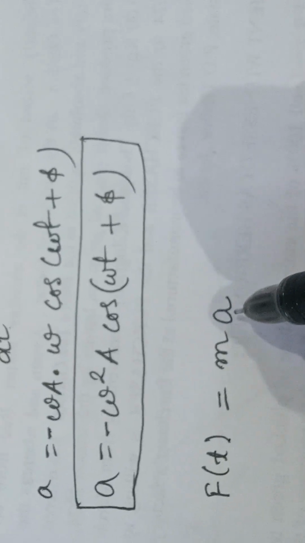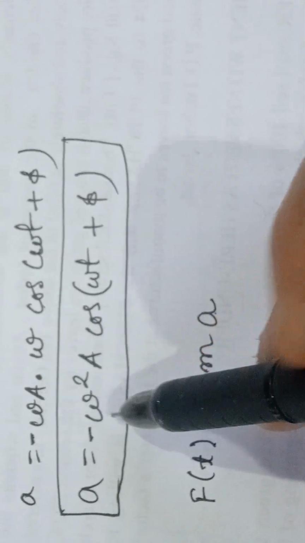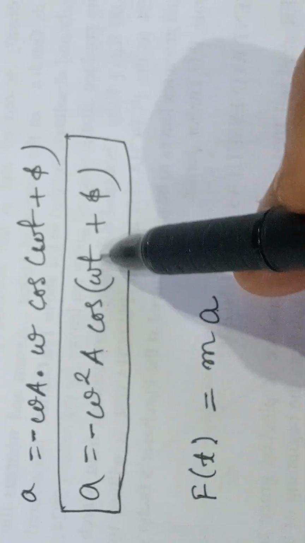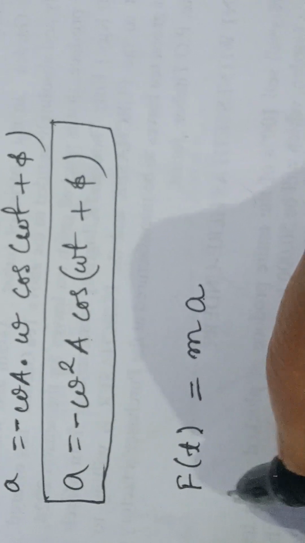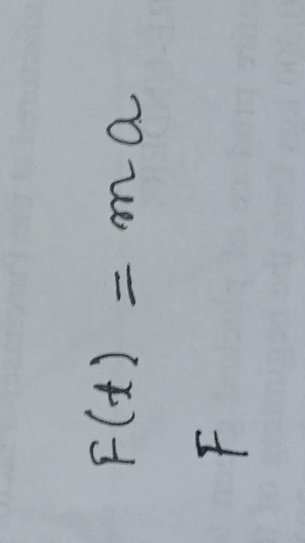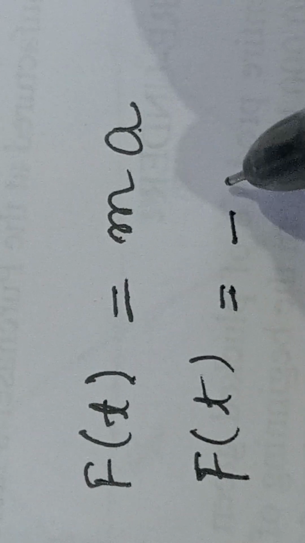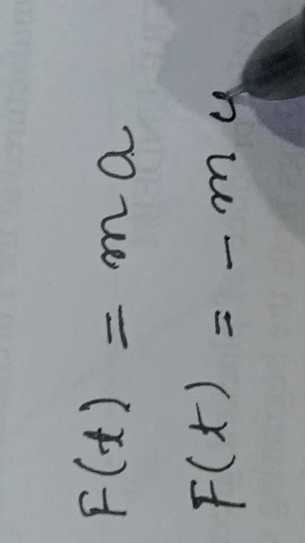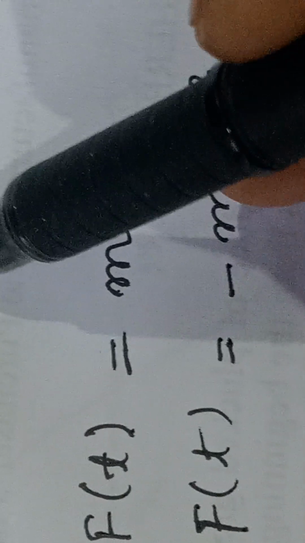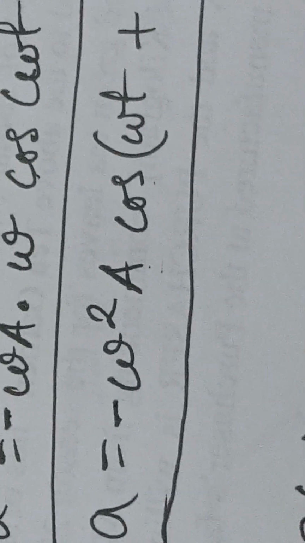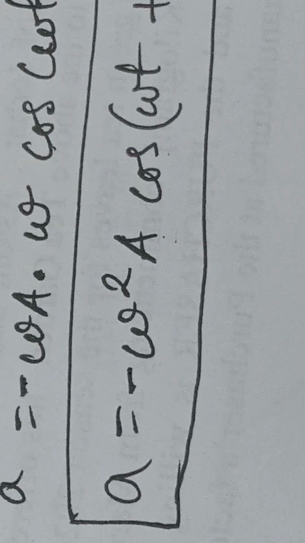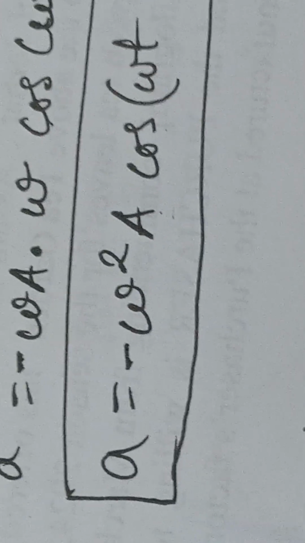So now we can write a is equal to minus omega square a cos(omega t plus phi). So it becomes F(t), a function of time t, is equal to minus m omega square, and this is the displacement part. So we can write omega square x(t).